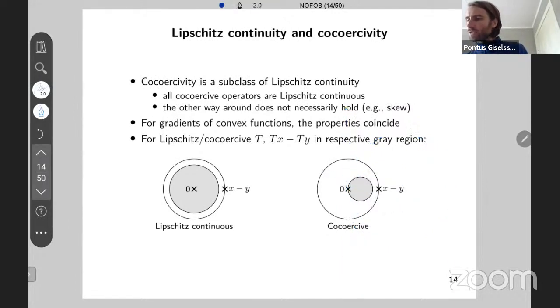And we also see that the cocoercive operator is Lipschitz continuous, because Tx minus Ty also ends up within this Lipschitz continuity circle. So cocoercive operators are Lipschitz continuous, but the other way around does not necessarily hold. For instance, skew operators, like what we had before, can end up here and here, which will not be inside the cocoercivity circle.